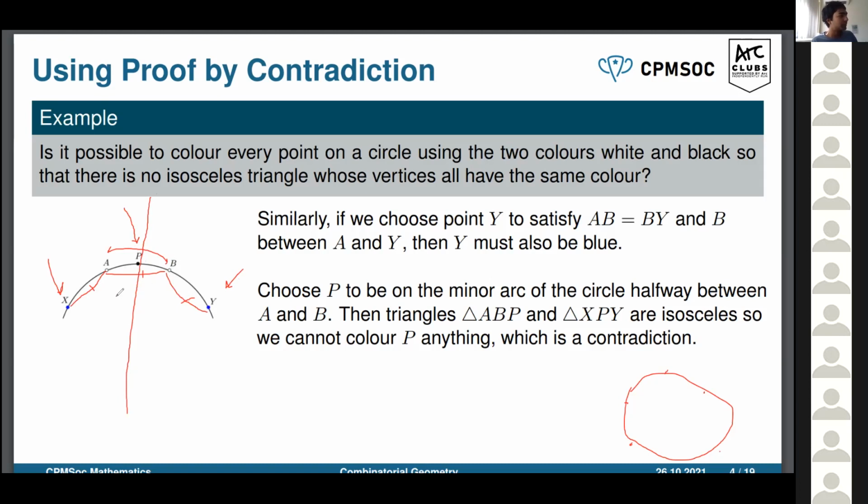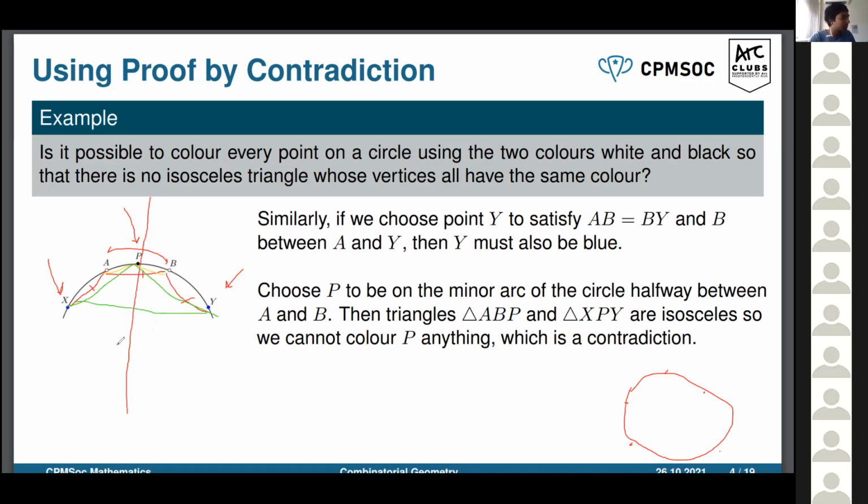Let's use another color. So AP and PB are the same, and also XP and PY are the same. So we actually have two different isosceles triangles over here.